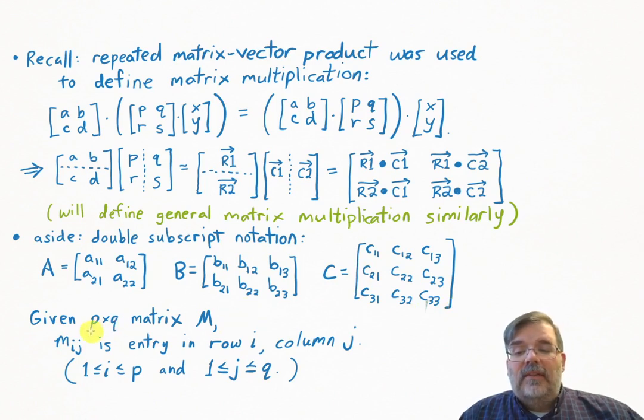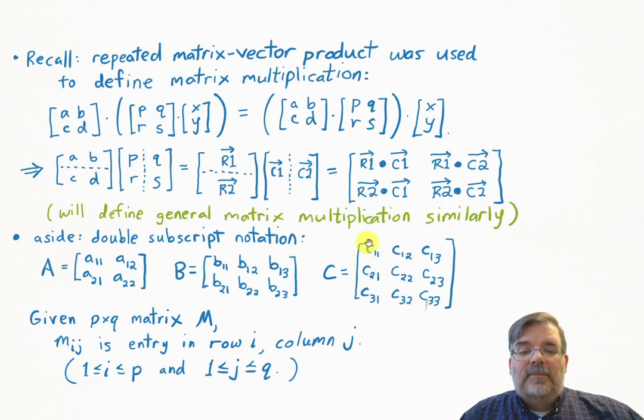In general, given a P by Q matrix M, M sub ij refers to the entry in row i and column j. And here i ranges between 1 and P, the number of rows, and j ranges between 1 and Q, the number of columns.